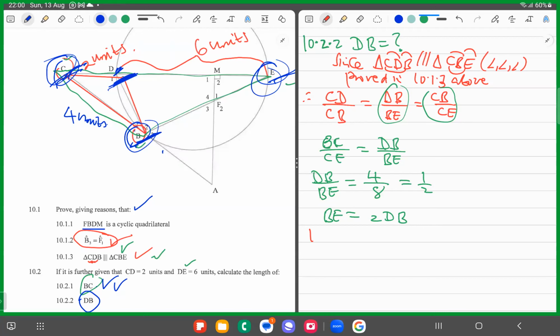Right, so we check DB squared. What is it equal to in this case? So we analyze the shape very carefully.